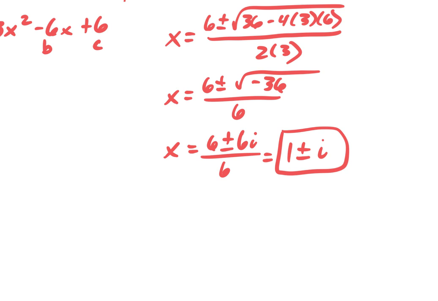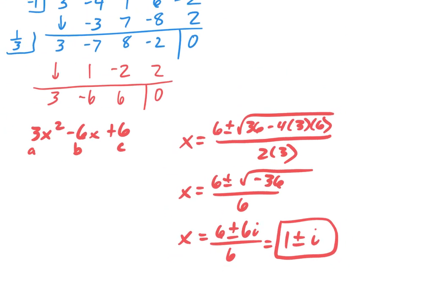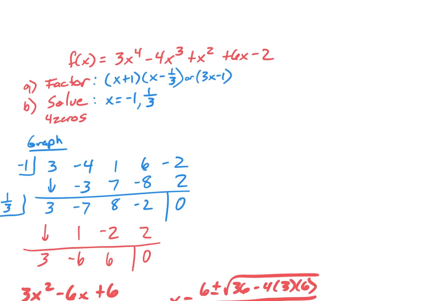And those would be our two imaginary solutions. Okay. Remember, they come in pairs, and that's where the plus or minus comes into play. 1 plus i and 1 minus i. Okay. If I go back up here, I'm okay with you writing it as 1 plus or minus i.